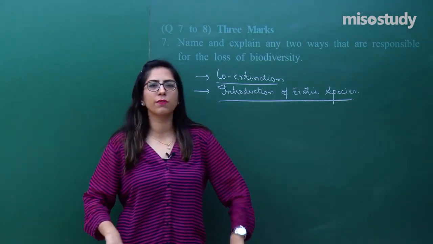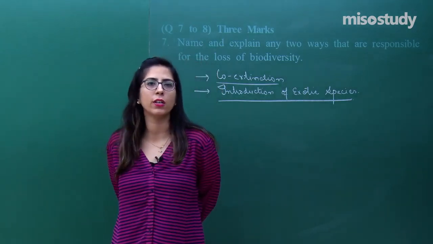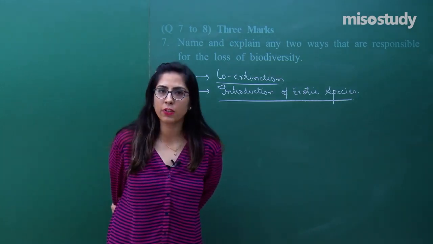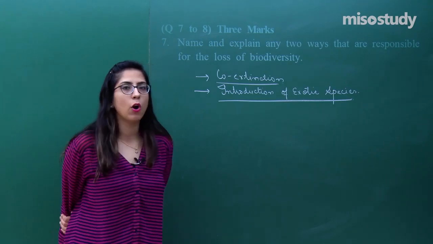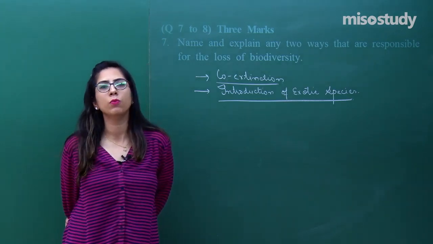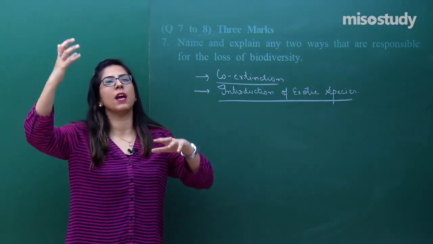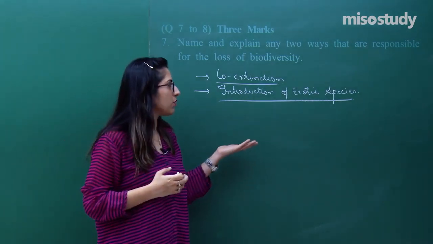Next is the introduction of exotic species. We have discussed Eichhornia, which is also called water hyacinth. This water hyacinth is a major problem that we are facing today. Because of it, the water bodies become stagnant, and even ships are not able to move from one place to another. That is the exotic species.